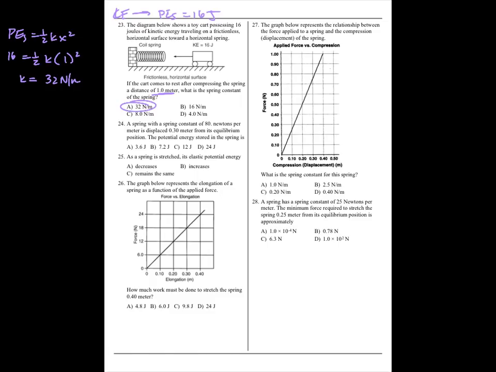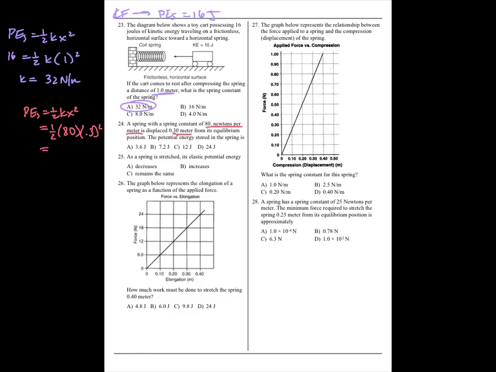There's potential energy in the spring. That's K. 0.3 is our X. That's squared. 0.09 times 80.